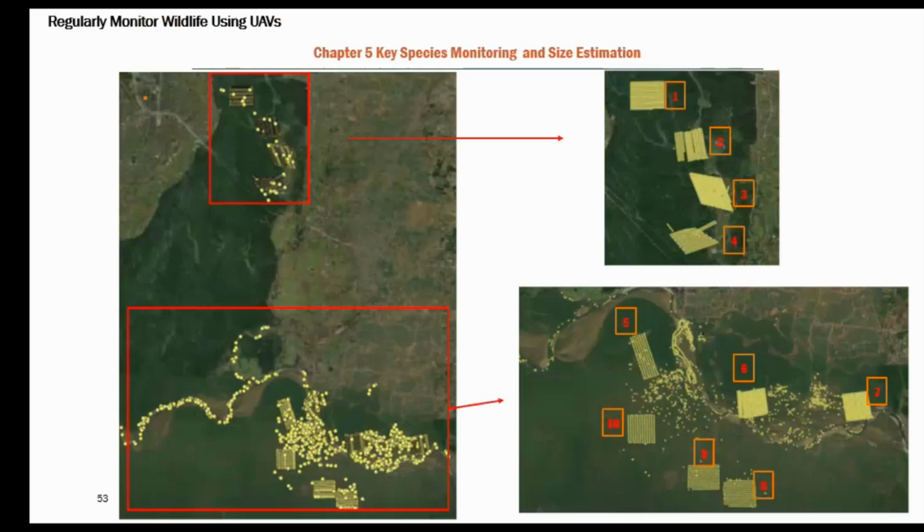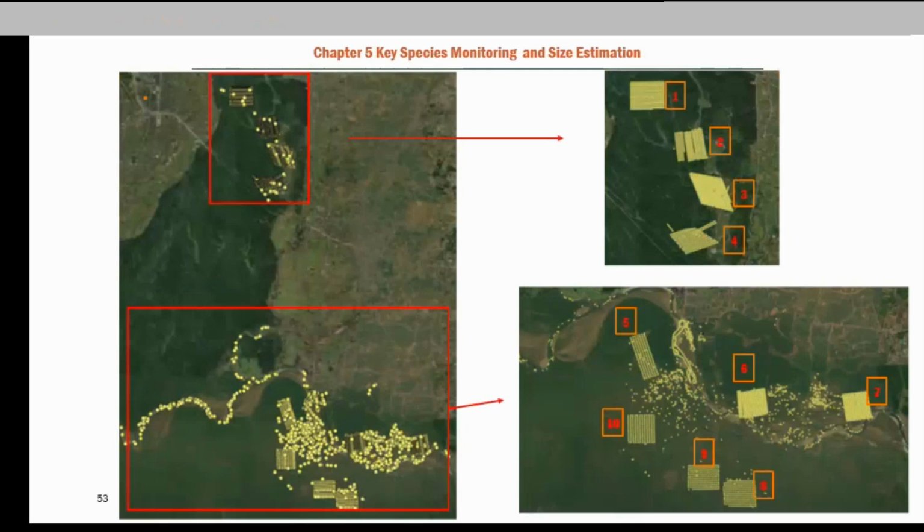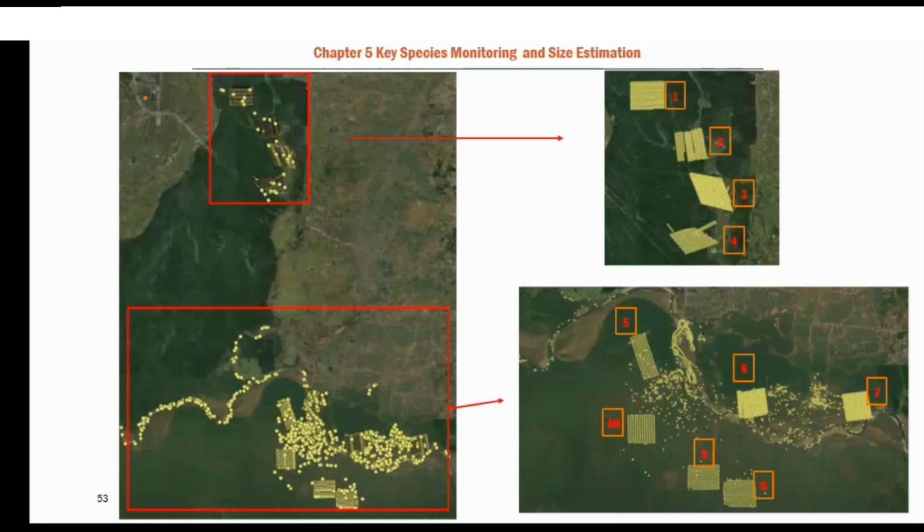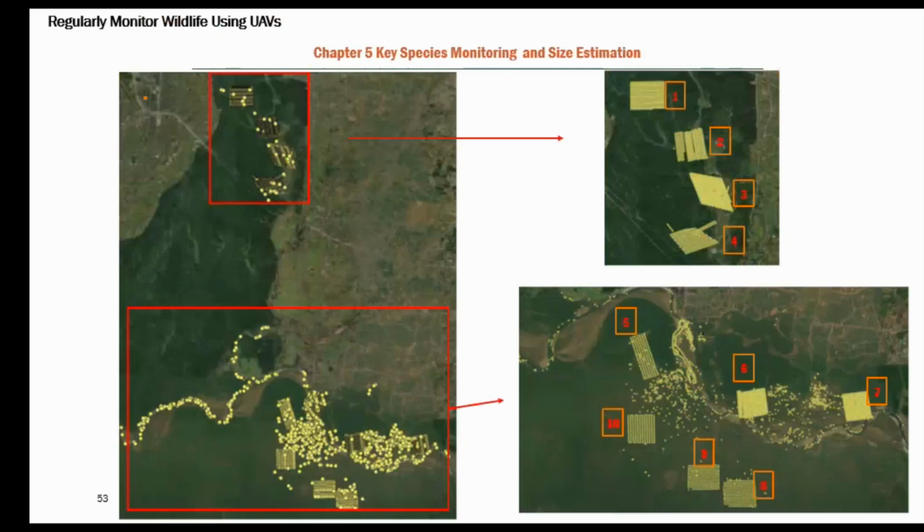At the same time, sampling surveys are also necessary, which refer to monitoring animals by the observation of drone operators, as shown by the random points. This is the region, and the random points mean the sampling surveys.